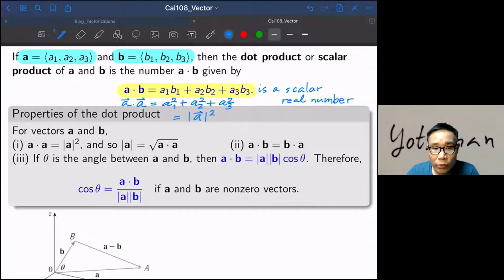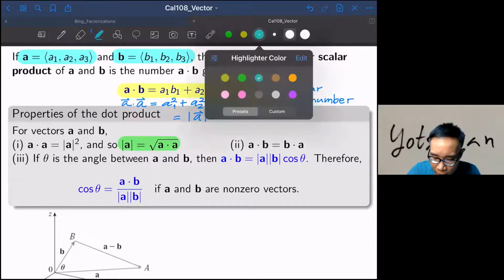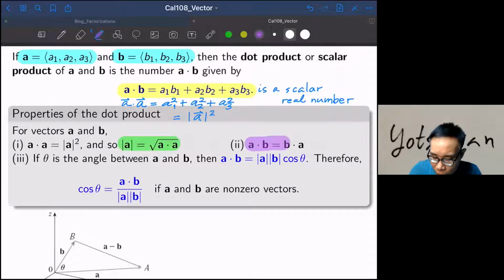So you can use the dot product in order to find the norm of the vector A. The norm of the vector A will be given by the square root of A dot A. And A dot B will be equal to B dot A, so you don't need to worry about the order of the vectors that you are dotting.